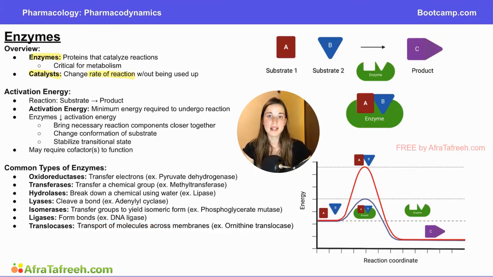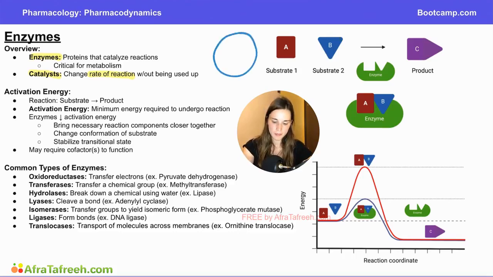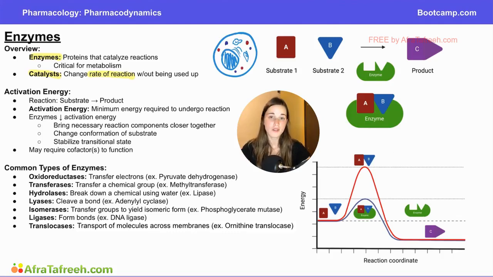The first thing that needs to happen for this reaction to occur is substrate A has to be in close proximity with substrate B. So let's say that this reaction is happening in the cytoplasm of a cell. So here we have our cell, and we have its nucleus, maybe some organelles here, and then we've got some substrate A, some substrate B, and then also a ton of other molecules that are not involved in this reaction.